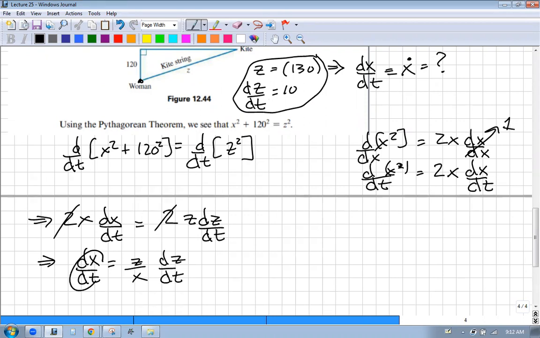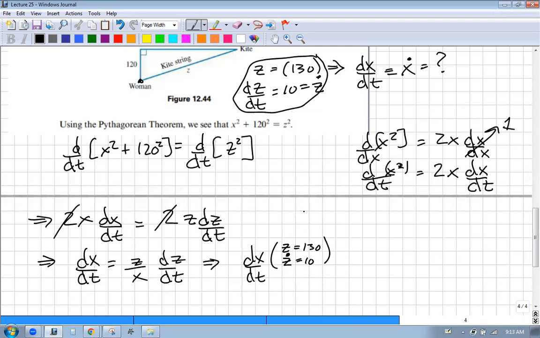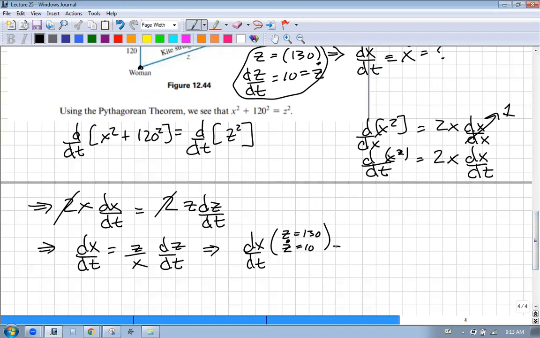So you can see that this is a function of z, x, and dz dt. And we want to know what dx dt is when z is 130 and z dot, dz dt, is 10. You can see why I like this dot notation. It saves you a whole lot of writing.